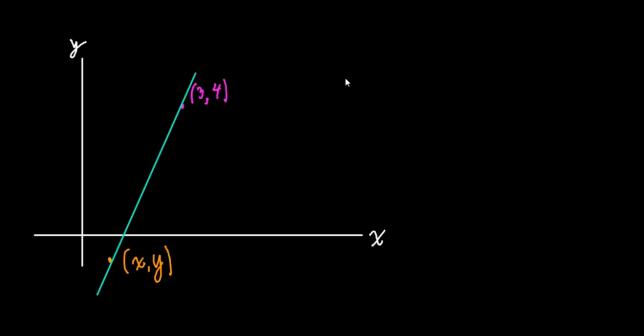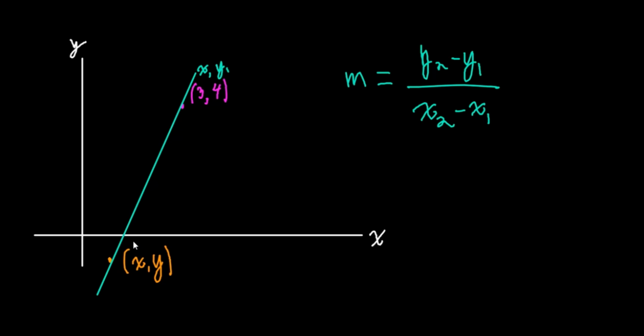So remember that the slope formula is y2 minus y1 over x2 minus x1, where we can assign x1, y1, and x2, y2, however we want, as long as x1 comma y1 is one point and x2 comma y2 is another point.